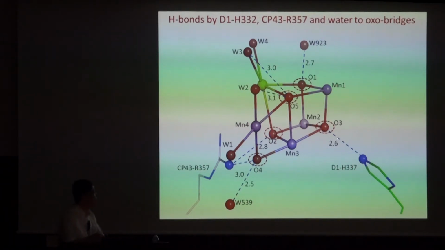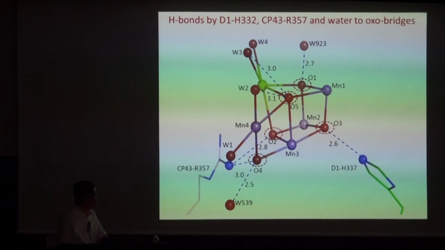Because if you imagine there are no hydrogen bonds here, the bonds between manganese and oxygen will become very strong, like typical manganese oxygen bonds in inorganic manganese oxides. And if these bonds are very strong, then the cluster will become very strong and stable, and the cluster will not be able to undergo structure changes.